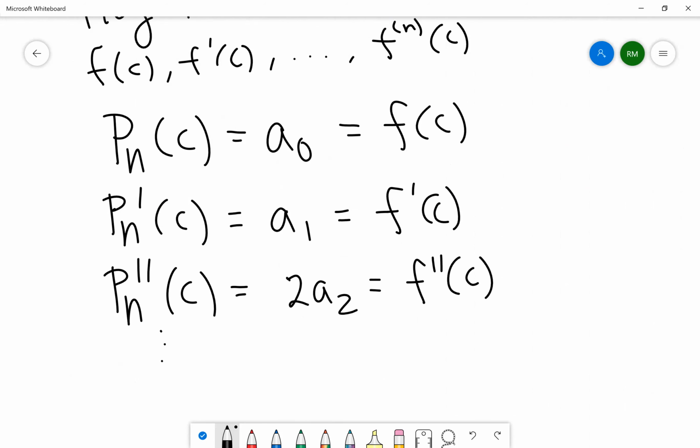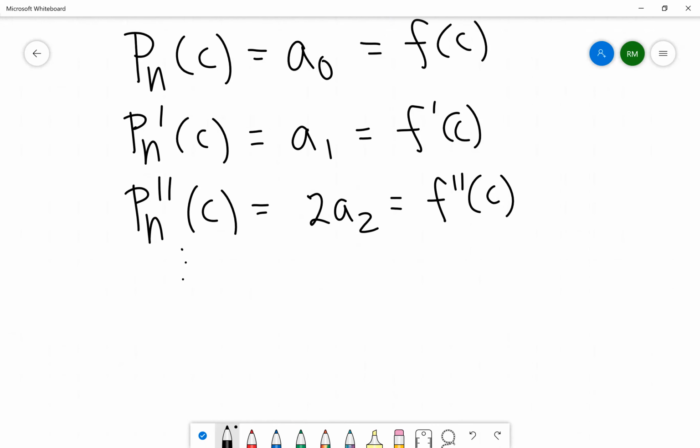And if I keep this pattern up, what I find happening is that the nth derivative, when I plug in c, will be n factorial times an.